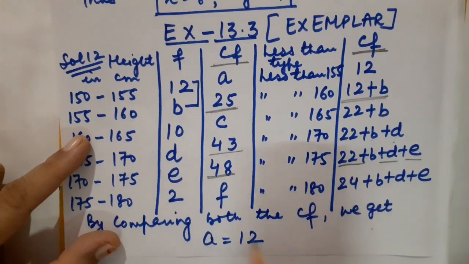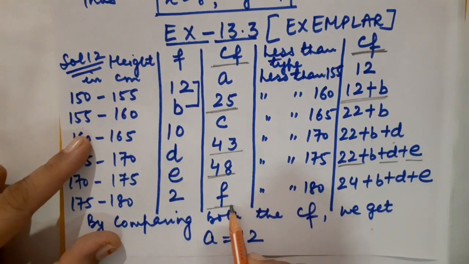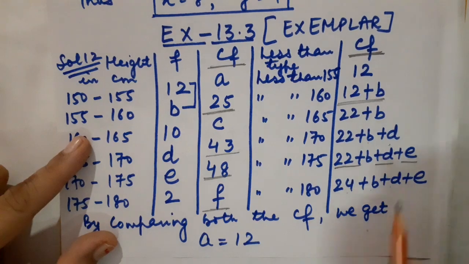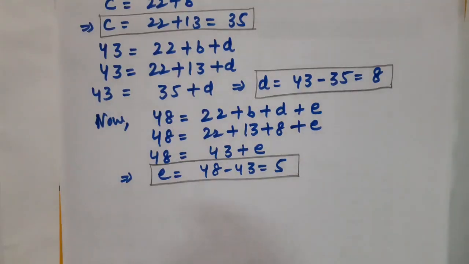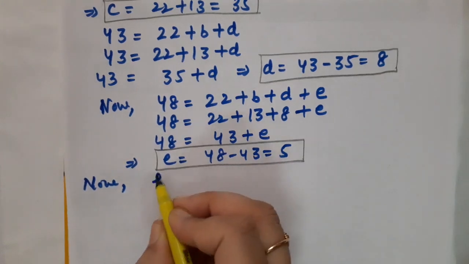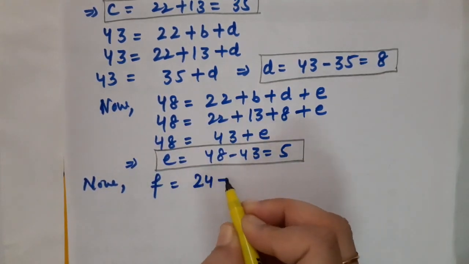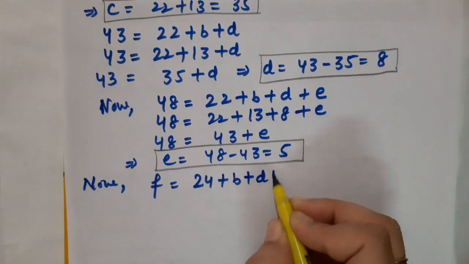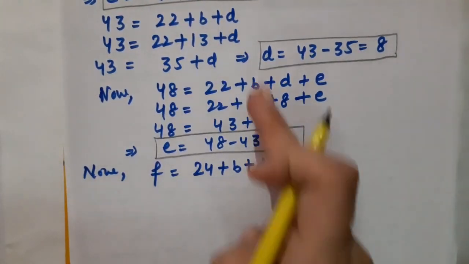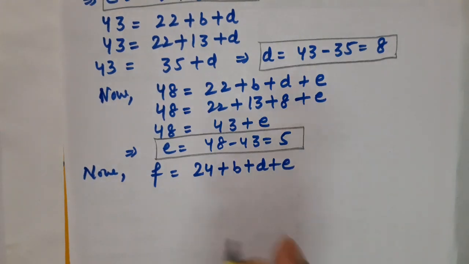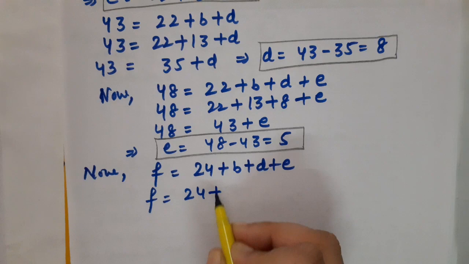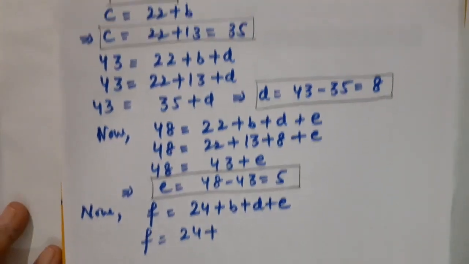Now children, let us compare the last cumulative frequency. F will be equal to 24 plus B plus D plus E. So now F is equal to 24 plus B plus D plus E. Let us substitute the values of these variables which we have found above to come to know the value of F. F is equal to 24 plus, what is B?